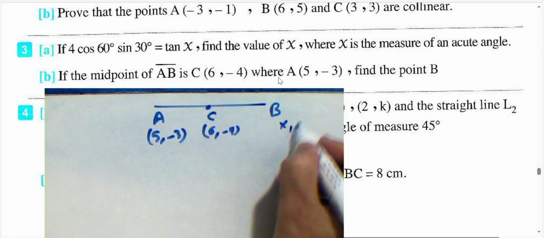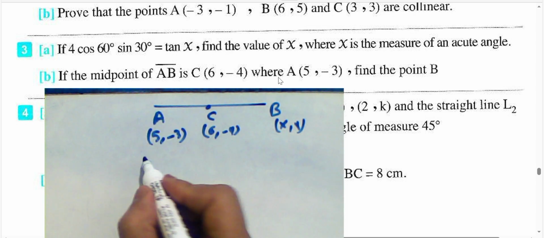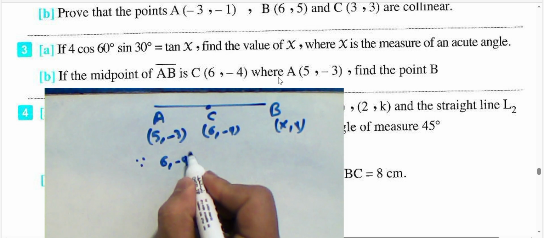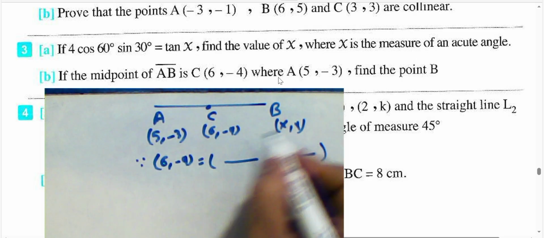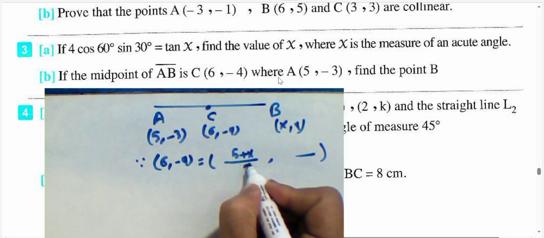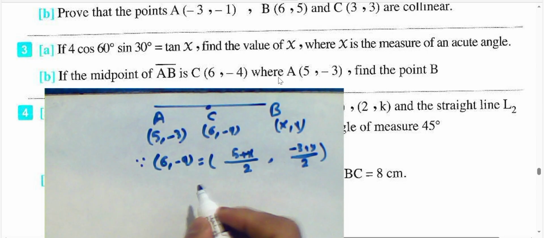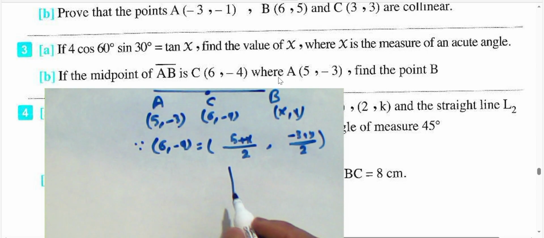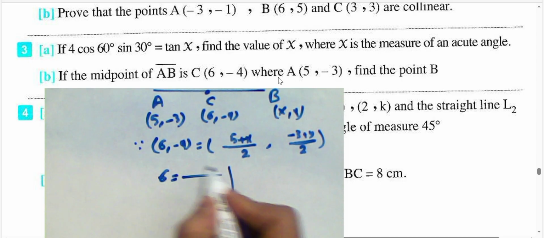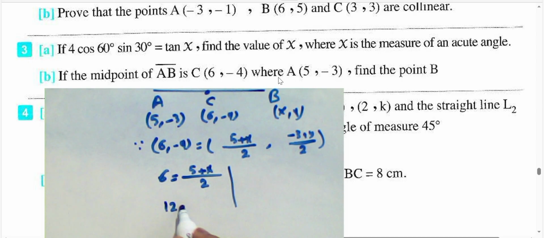You want to find the coordinates of B, put x and y, such that (6, -4) is in the middle. It will be equivalent to half of 5 plus x over 2 and negative 3 plus y divided by 2. Then first coordinate equals first and second equals second. 6 equals 5 plus x divided by 2, then 2 times 6 is 12. 12 equals 5 plus x.